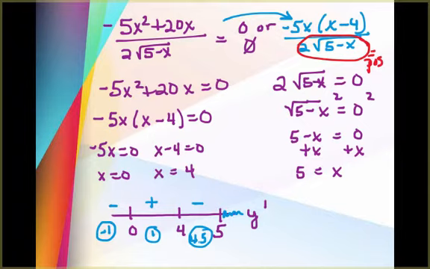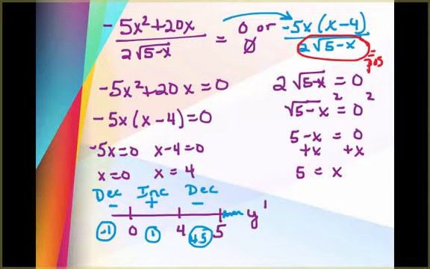Now remember when I looked at this with the polynomial, I could sketch in the increasing and decreasing and that would give me an idea of the graph. That is not going to help you with functions that are not polynomials. So if I were to sketch the increasing, decreasing, that may or may not be what my function looks like. So I'm not going to do that for this one. I'm just going to look at this and see that this is decreasing, then it's increasing, and then it's decreasing.